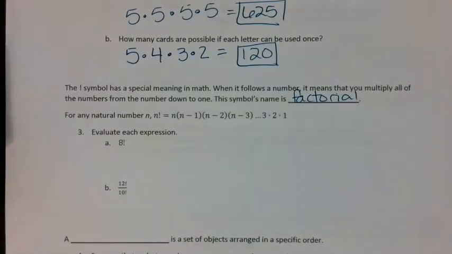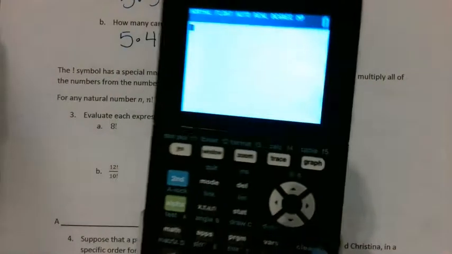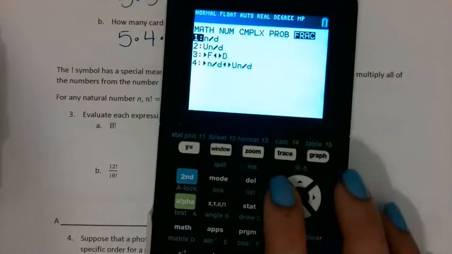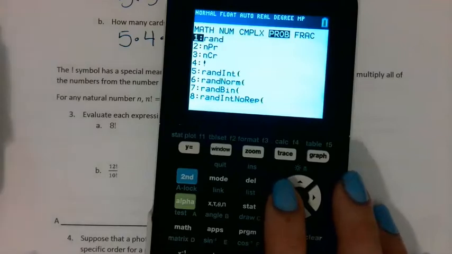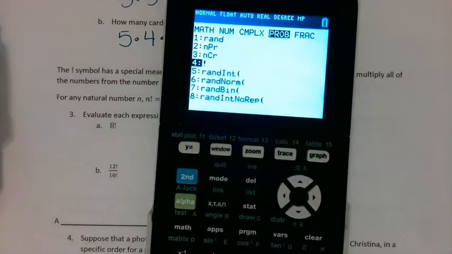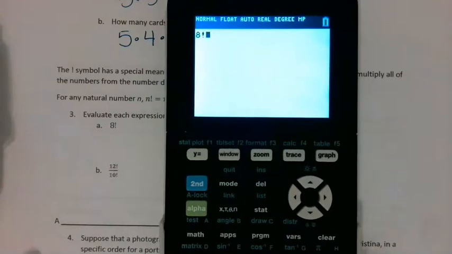So number 3 wants me to evaluate each expression. Depending on the type of calculator I have, if I go in this one, I type 8 and then I go to math. I want to arrow over to probability and I choose choice 4 for the factorial symbol and then I press enter. It gives me 40320.